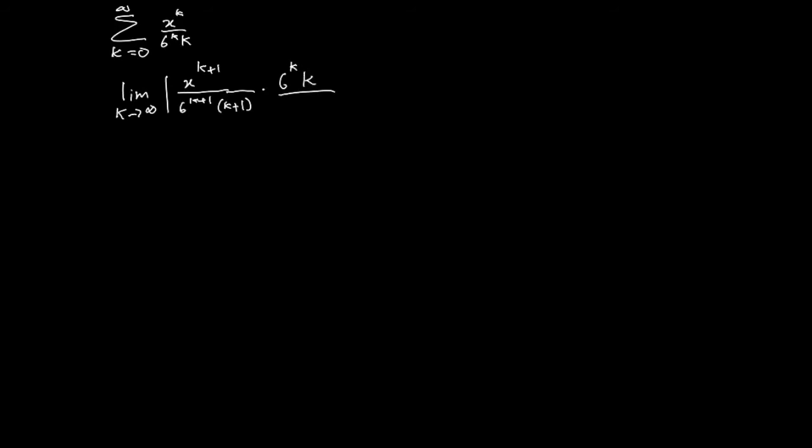That's quite simple and straightforward, and you should be getting used to this now. We've done several examples with this. All of this cancels and goes away, leaving a 6 at the bottom. So we end up with the limit as k goes to infinity of the absolute value of x times k over k plus 1.